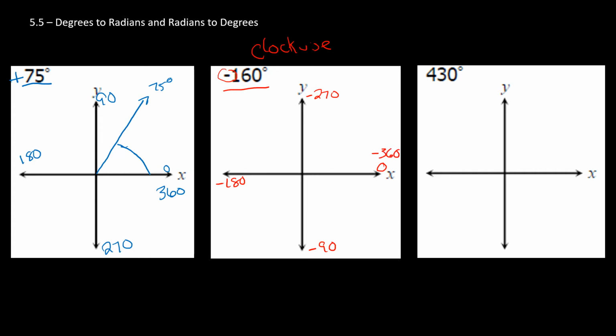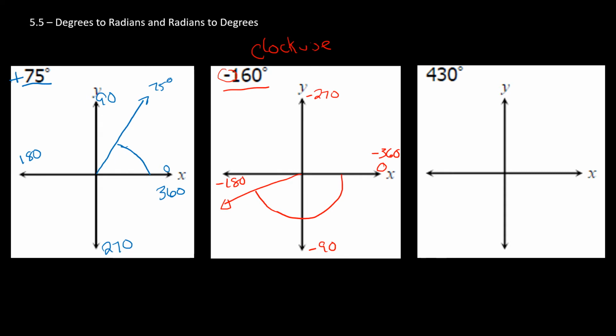Well, negative 180, I know I'm going to be passing the 90, so I can bring my angle out somewhere here. Now, I have to ask myself, will I be smaller than negative 180? Well, negative 160 is not. We can't pass that up. So we know our angle has to be somewhere here. In between the negative 180 and the negative 90 lies negative 160.